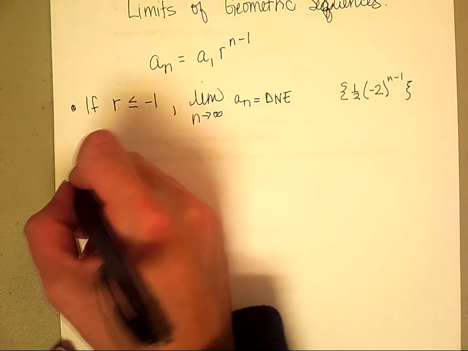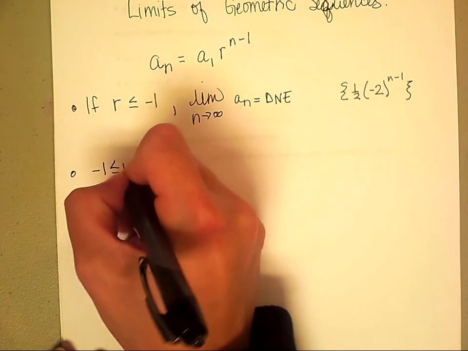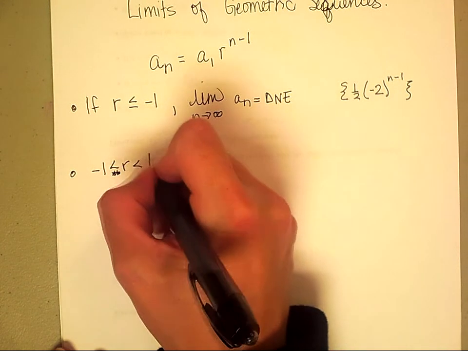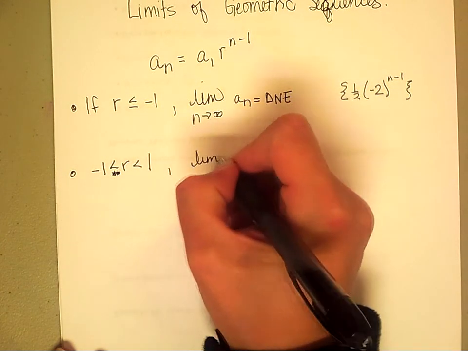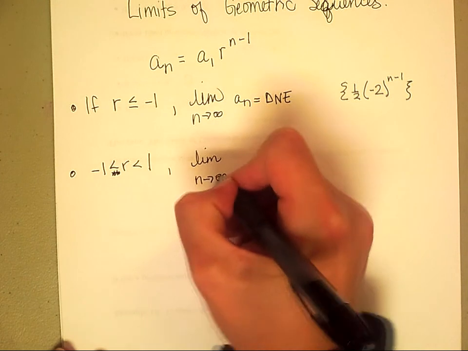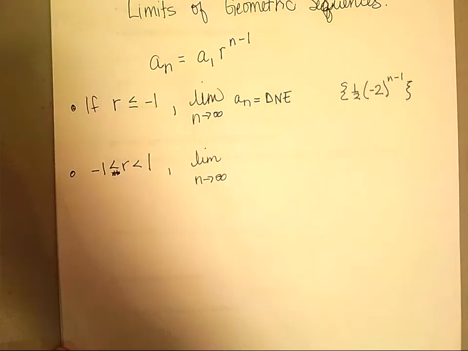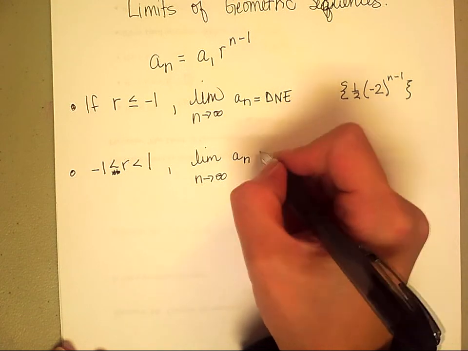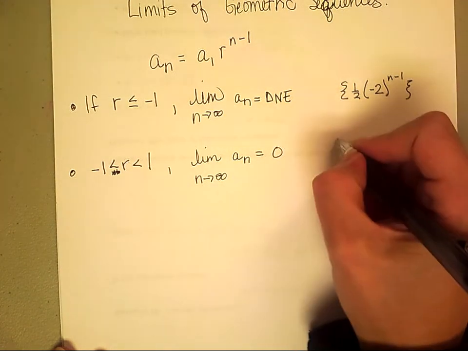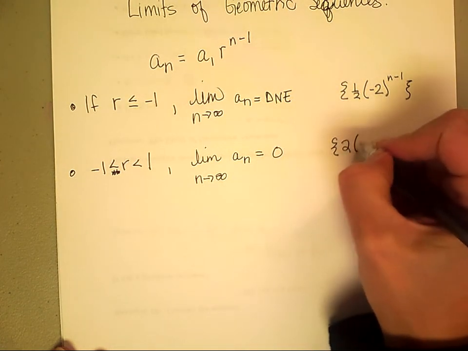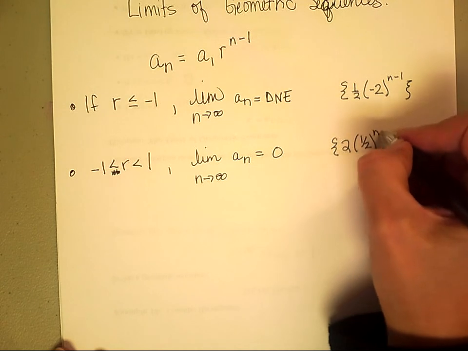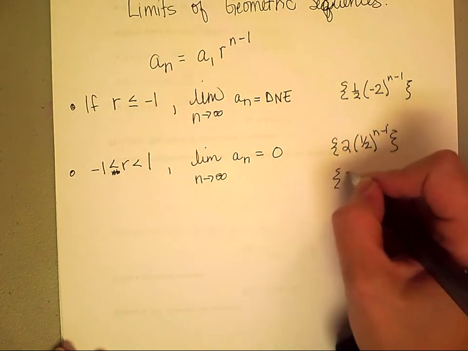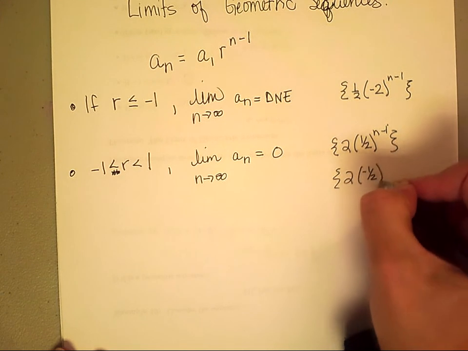Now, if r is between negative 1 and 1, then the limit as n goes to infinity of this sequence a sub n would be equal to 0. An example of that was 2 times 1/2 to the n minus 1. But it would work if it was negative 1/2 to the n minus 1 as well.